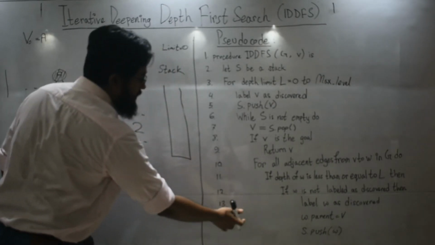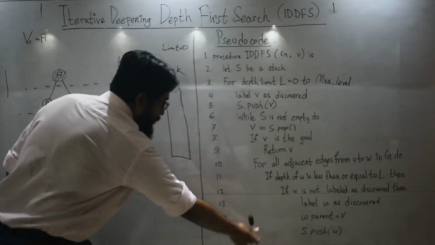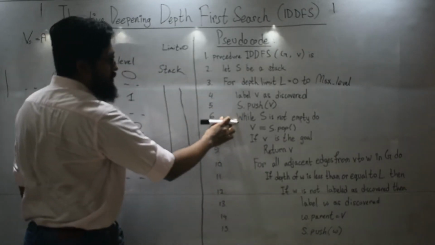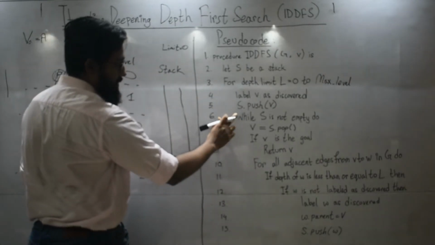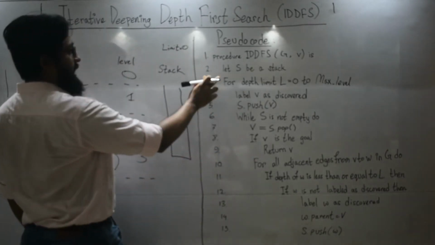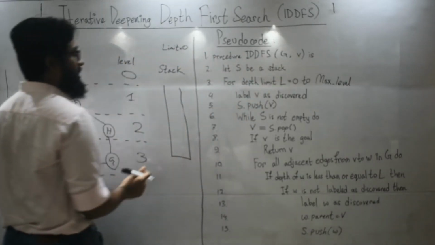Okay, so I will not cover these, and after that you will see that the stack has been emptied. So I will exit this one and again start from here with level 1.